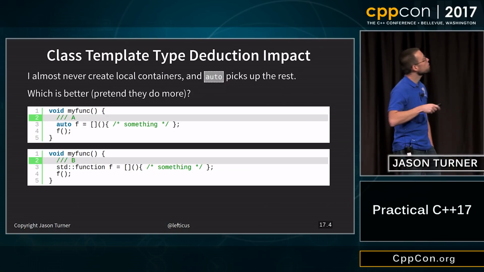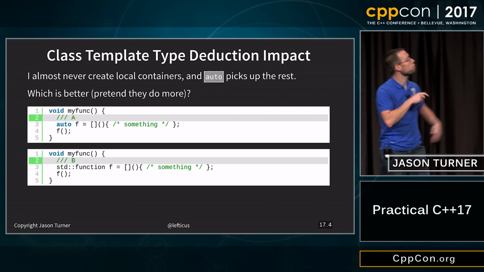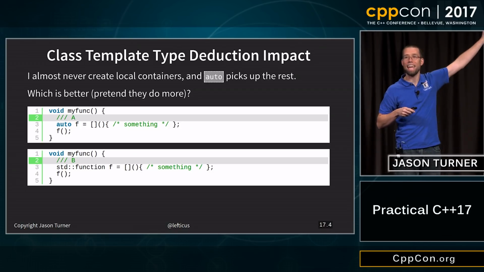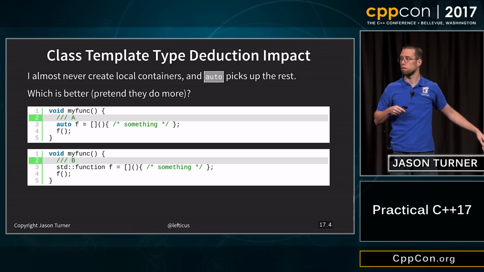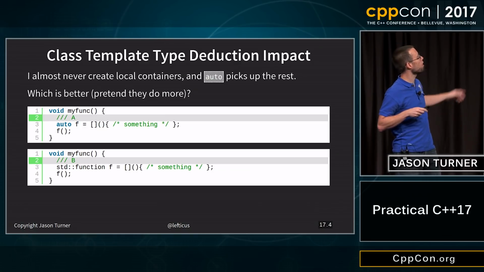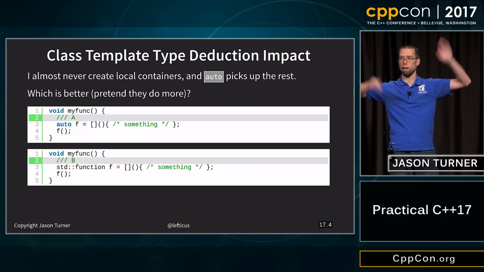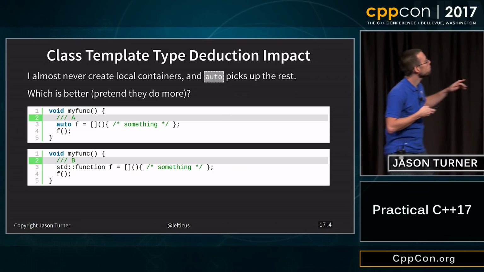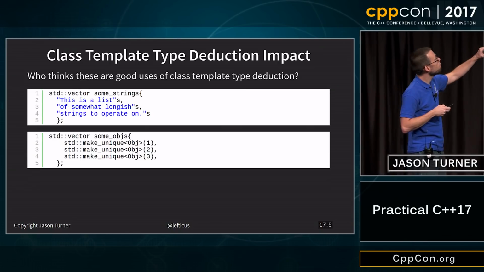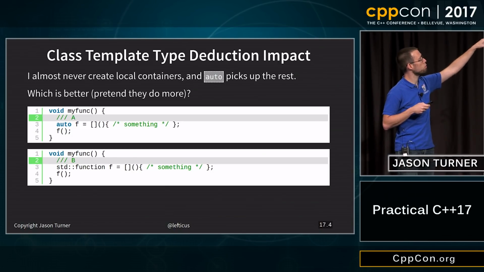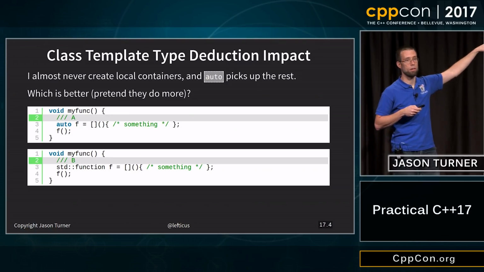Who here would argue that A is better? And who would argue that B is better? I get some half-hearted hands raised on both sides. B, in this example, is having to instantiate a std::function.